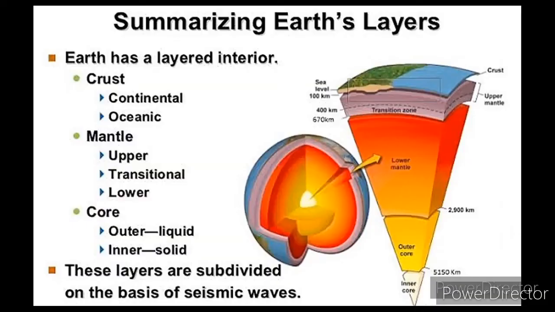As I have said, the crust can be further subdivided into the upper crust and the lower crust. The boundary that separates the upper crust and the lower crust is known as the Conrad boundary. And finally, between the crust and mantle there is another layer of discontinuity. We call this the Moho discontinuity.